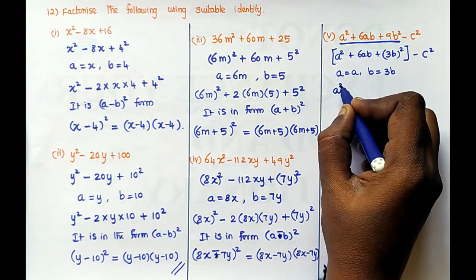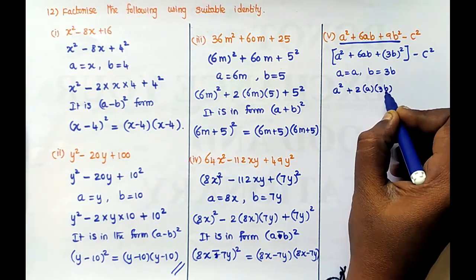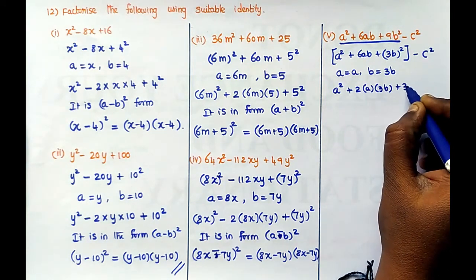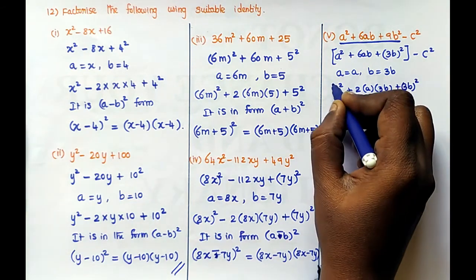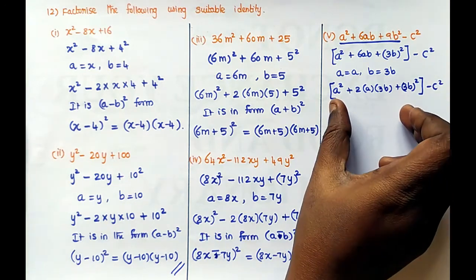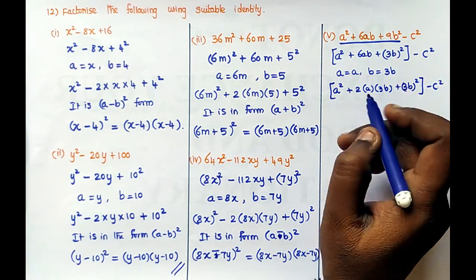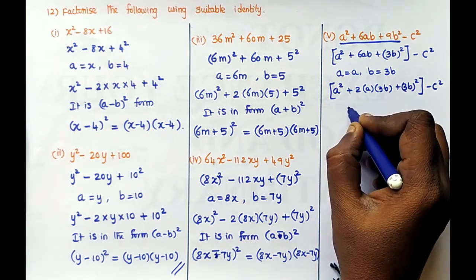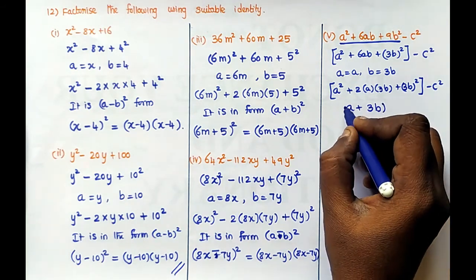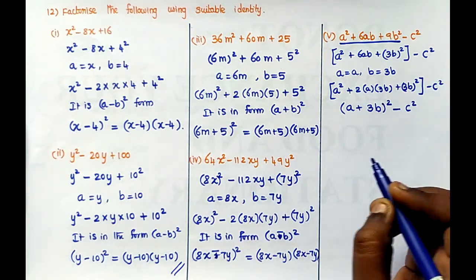Now a squared plus 2 into a into 3b, 2 3s are 6, a into b, ab. Okay, now plus (3b) whole square minus c square. Its factors, it is in the form (a plus b) whole square. No? So that is (a plus 3b) whole square minus c square.